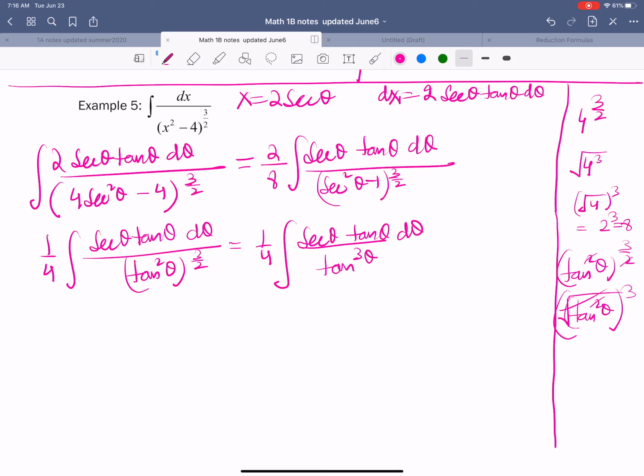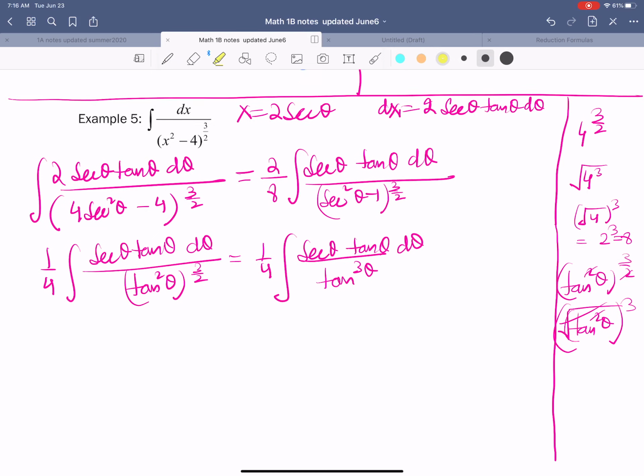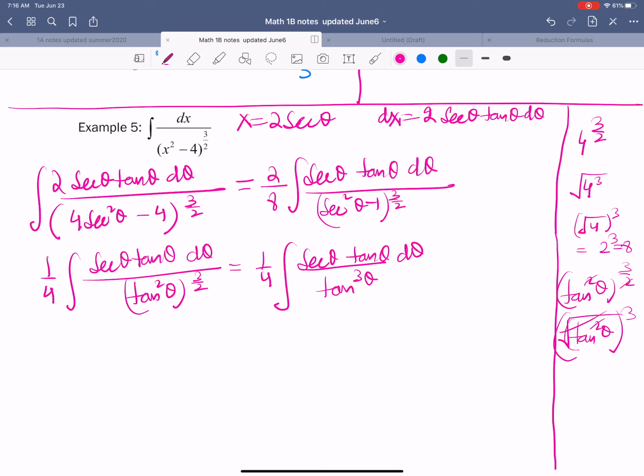I do have a tangent theta on the top, a tangent cube theta in the denominator. So I'm going to cancel one of those tangent theta, and I'll be left with 1/4 secant theta over tangent squared theta d theta. So how do we evaluate this integral of secant theta over tangent squared theta?